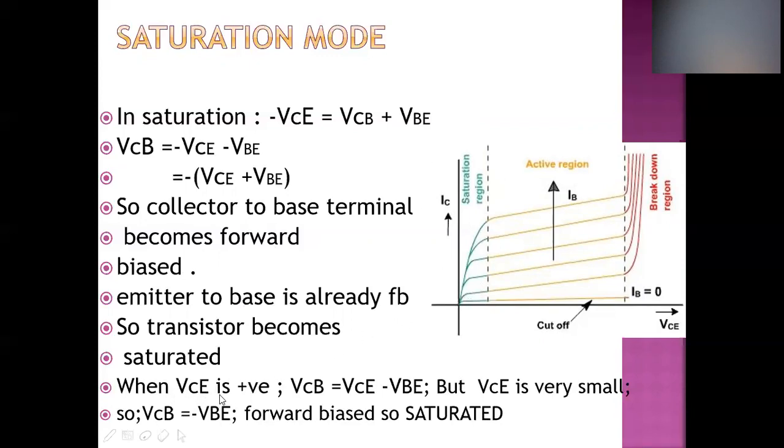Now, when VCE is positive but very small, then we can ignore the value of VCE. Then we can write only VCB is equal to minus VBE. So it becomes again the same thing, that is the VCB is forward biased, and the transistor gets saturated.